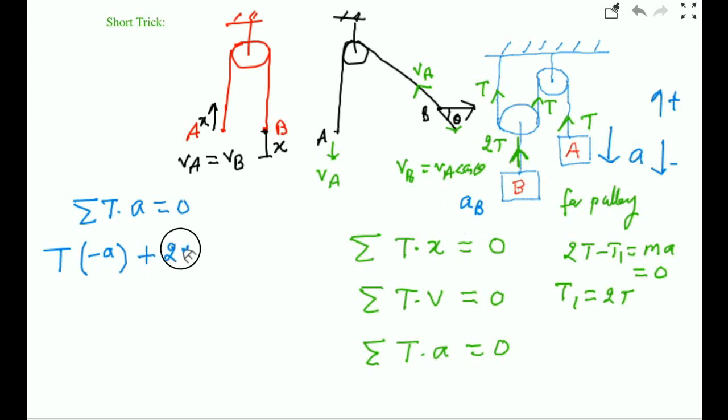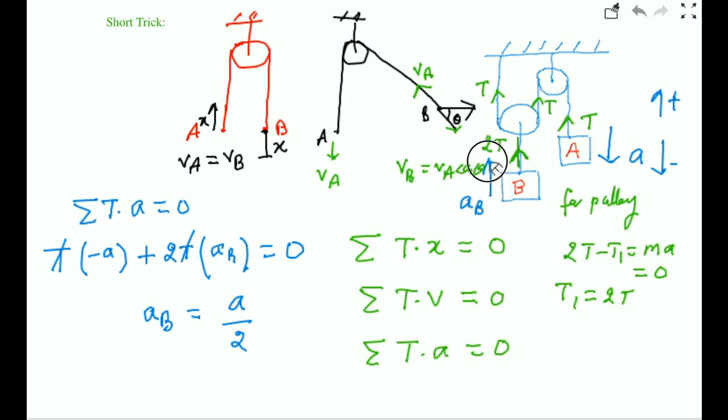So you write 2T into aB, suppose the acceleration is aB, we don't know, we have to find out, equals 0. Here T and T cancel. So aB equals a by 2, and this is positive. It means if A comes in the downward direction, then B will go in the upward direction with acceleration a by 2.